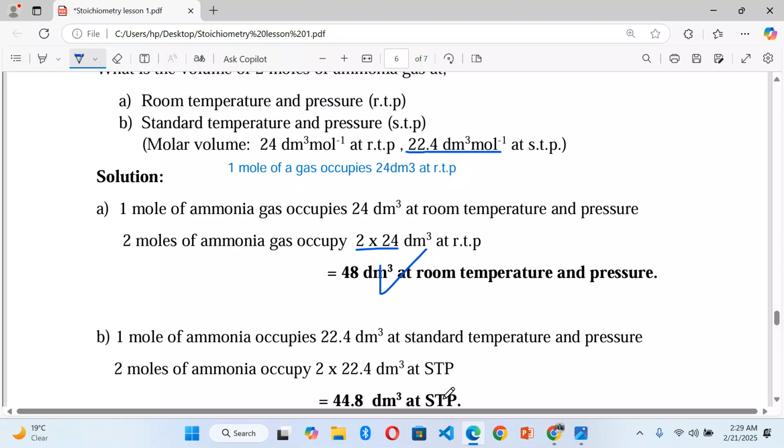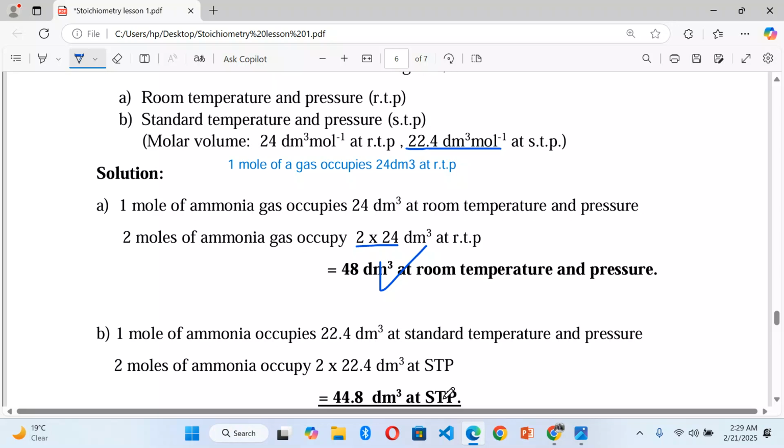Then at STP, which is the standard temperature and pressure, you recall what changes is the volume. We say that 1 mole of ammonia occupies 22.4 decimeter cubed at STP. What about 2 moles of ammonia?